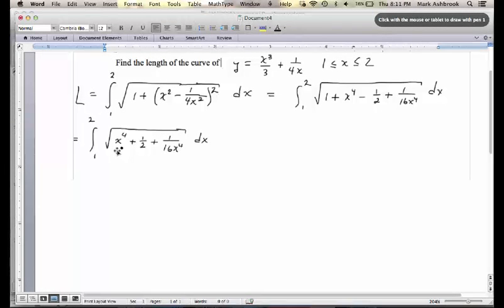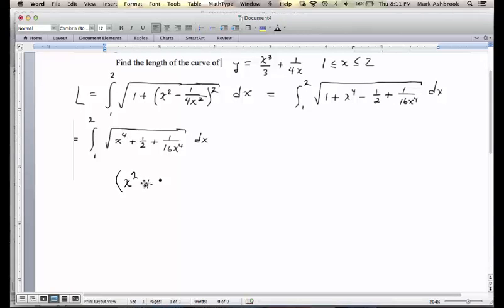What we want to do is recognize that this is now a perfect square, because x to the 4th is really x squared squared, and 1/16 x to the 4th is 1/4 x to the minus 2 squared.